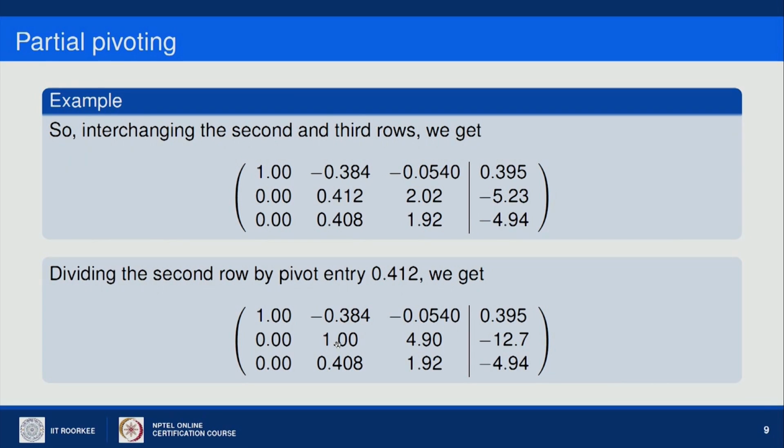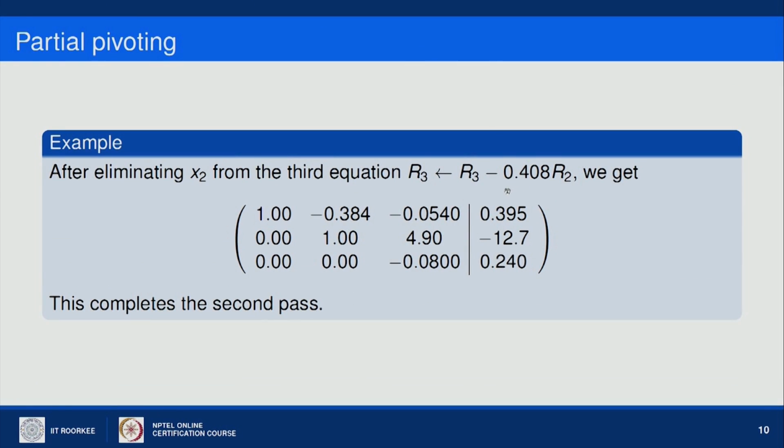So I need to replace the third row R3 by R3 minus 0.408 times R2. After performing this operation I got this system, and this matrix is in row echelon form.